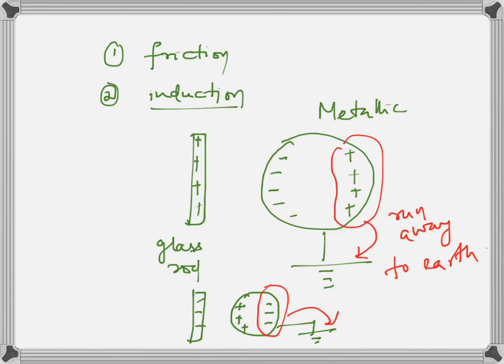So we can charge a body in two ways. One is by friction, the other is by induction. This induction is typically possible in metals. It is very difficult to induce charges in non-metals, but in metals induction is readily available because there are many free electrons in a metal which can move here and there. So induction is possible in metals.